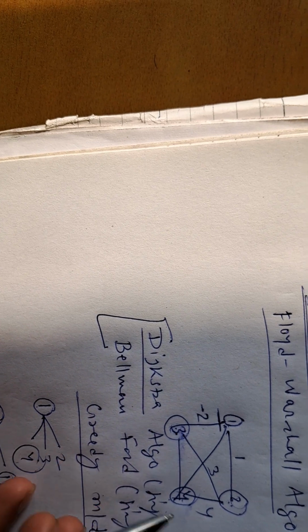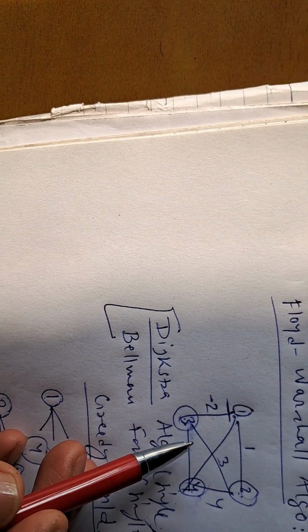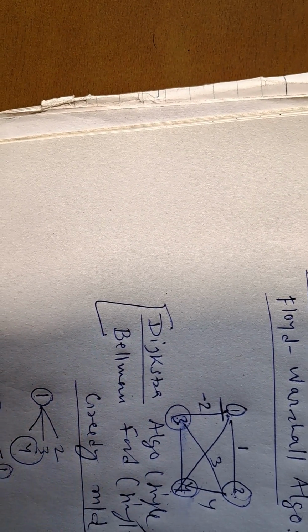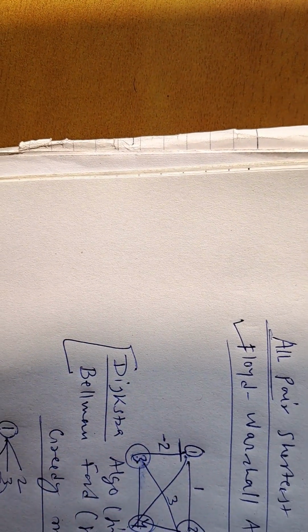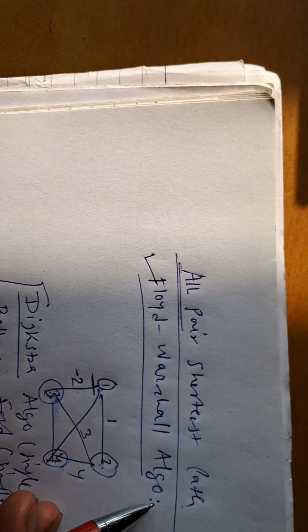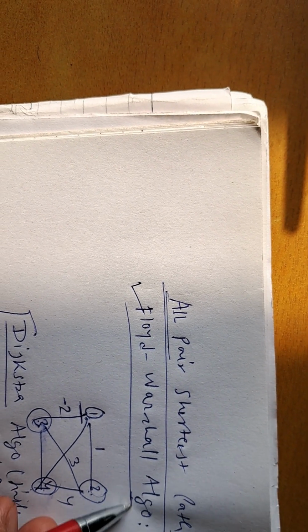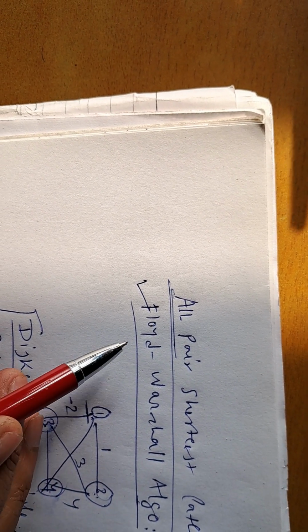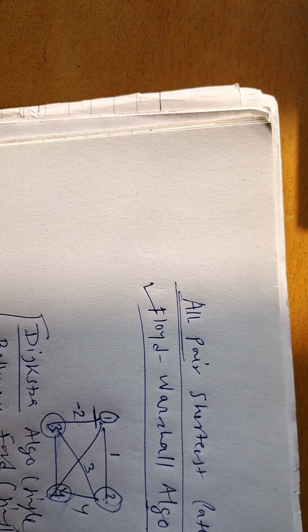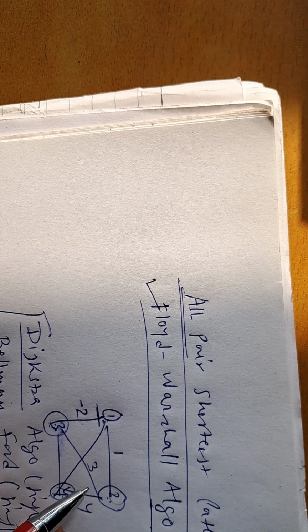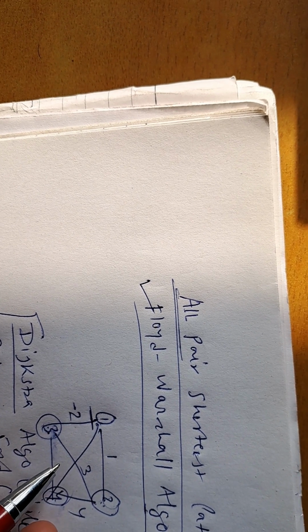So in order not to run the algorithm multiple times by selecting a new source every time, you follow a single method known as the Floyd-Warshall algorithm. You call this algorithm once, and its strategy is such that it gives you a path from any source to any destination, and that path will be least in cost.